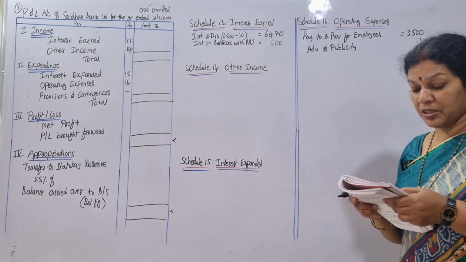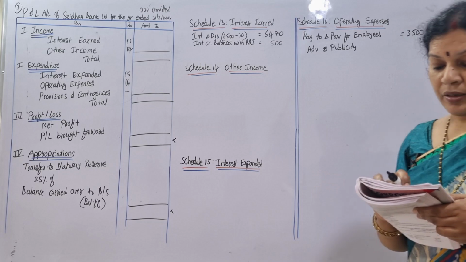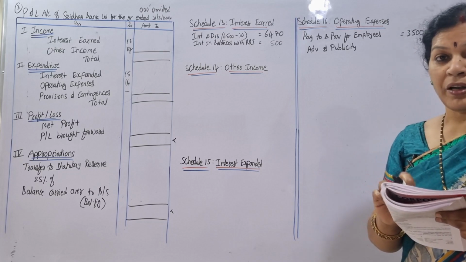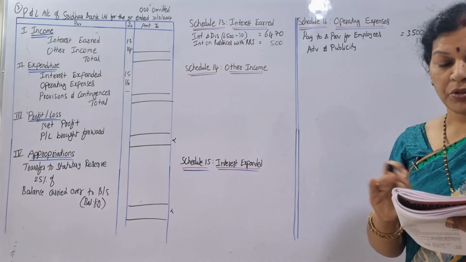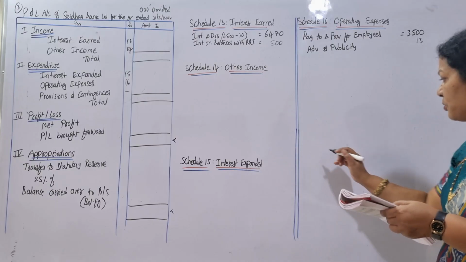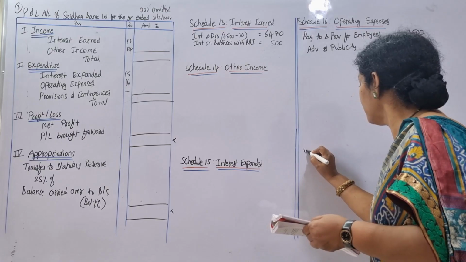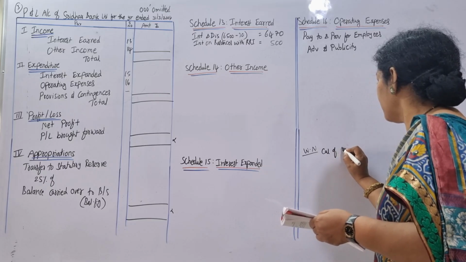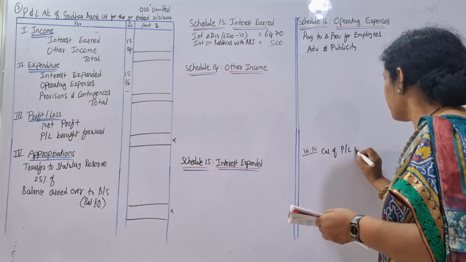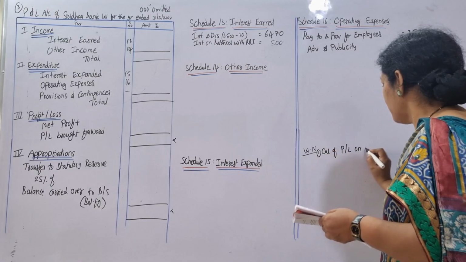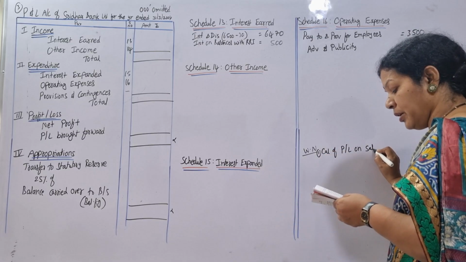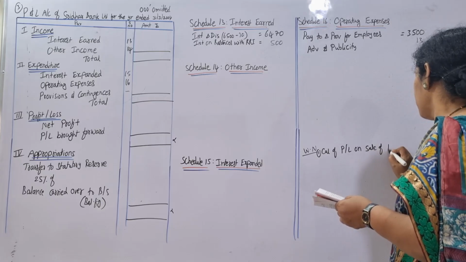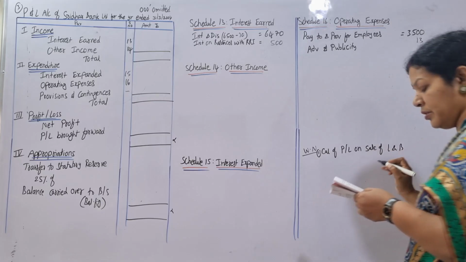Next, loss on sale of land and building. There is already profit on sale of land and building just beside. Both we are adjusting. So we can show it in working notes here. Calculation of profit or loss on sale of land and building.